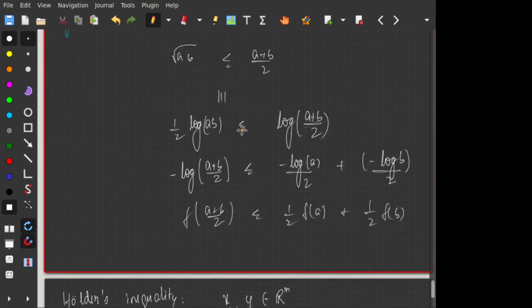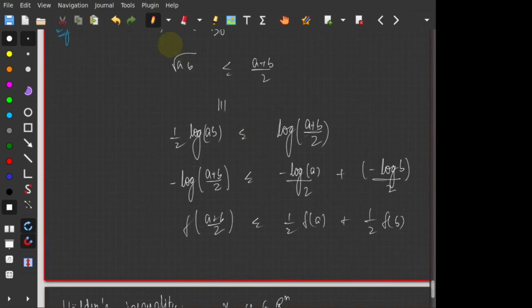So even before this, let's look at the previous AM-GM inequality. Can you slightly generalize this? How did you obtain this? Just by looking at convexity of the minus log function. And we looked at a very specific convex combination, half and half. Suppose I took some other convex combination, then what kind of an inequality would I get?